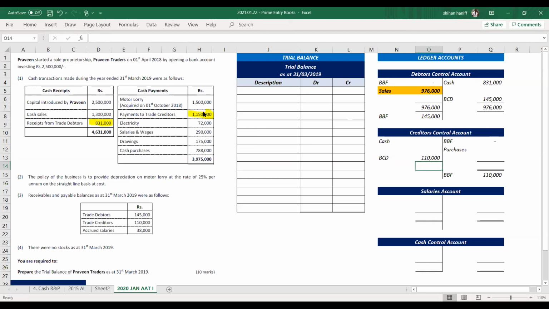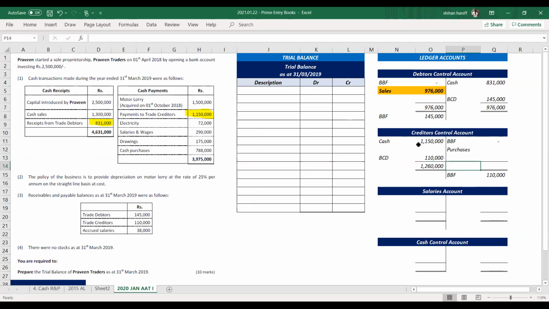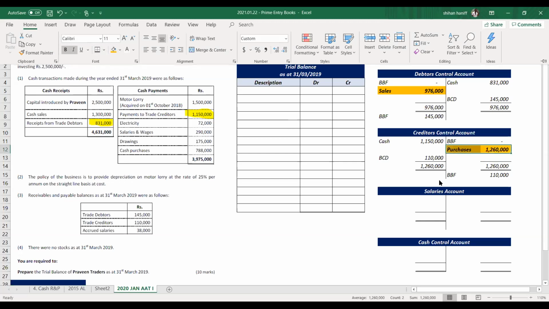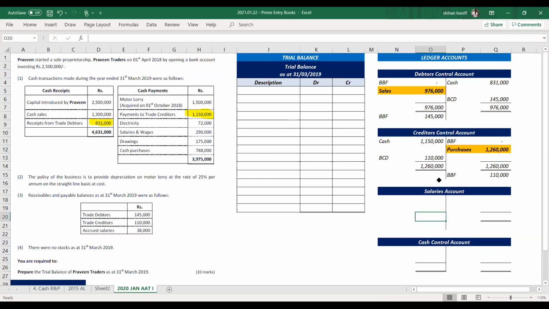Payment to creditors 1150. Therefore, purchases 1,260,000. That's the purchases, 1,260.